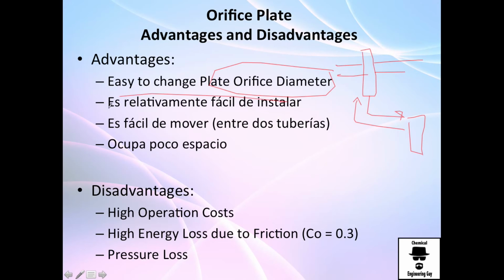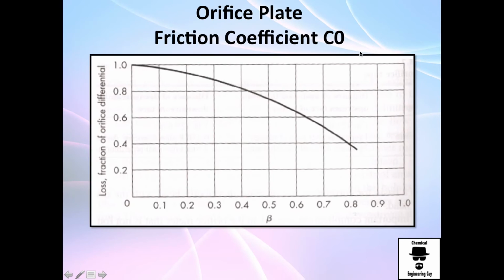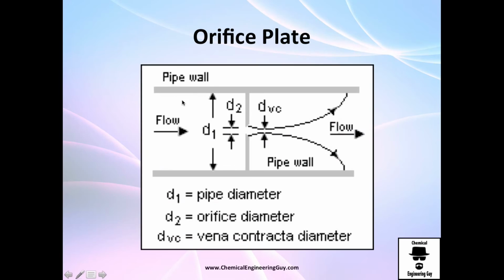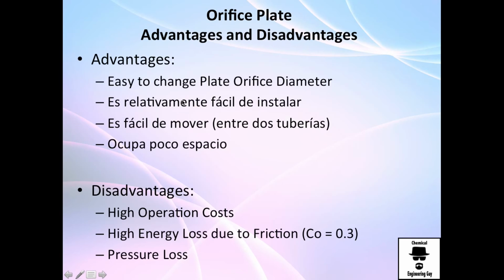It's relatively easy to install, easy to move between pipelines, and you don't need that much space. You can see this is the plate, right here it is small, versus the Venturi Tube, which was a little bit bigger.